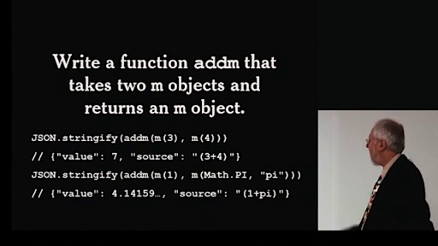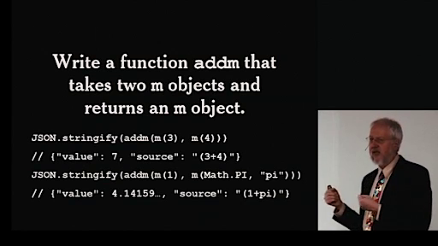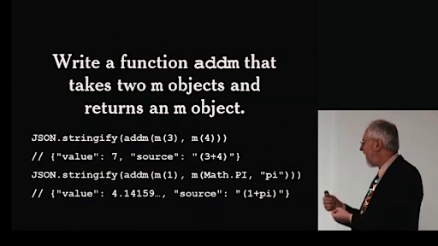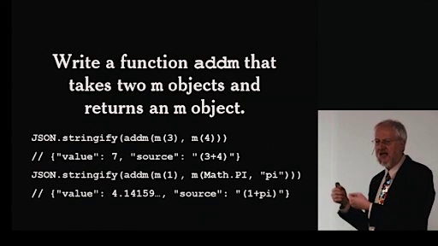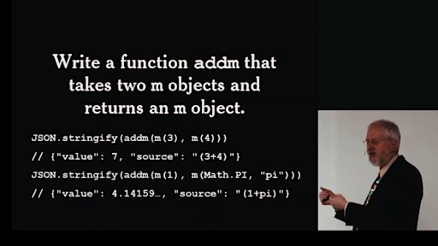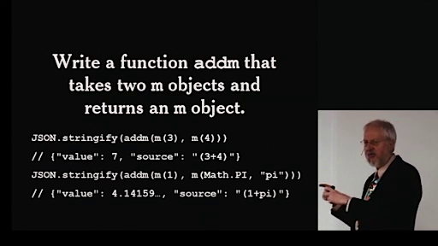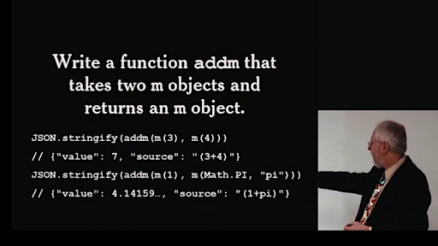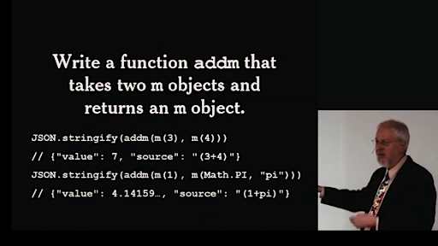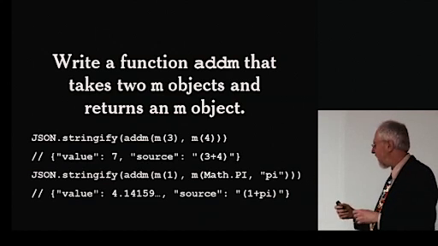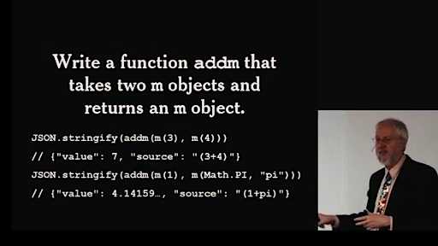So if I add two m objects, I get an object where the value is the sum of the values, and the source is the concatenation of the two sources, with a plus sign and parens around them. So if we add m3 and m4, the source will be paren 3 plus 4 closed paren. And a similar thing happening with pi.